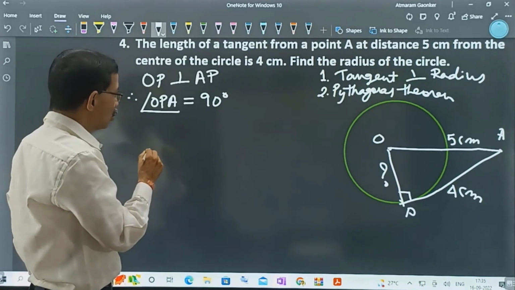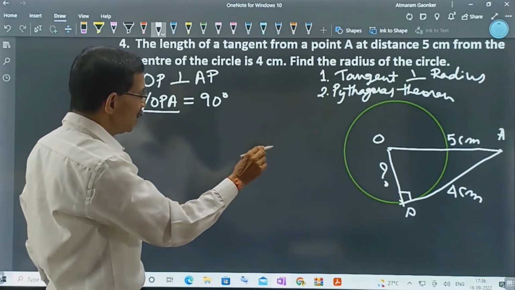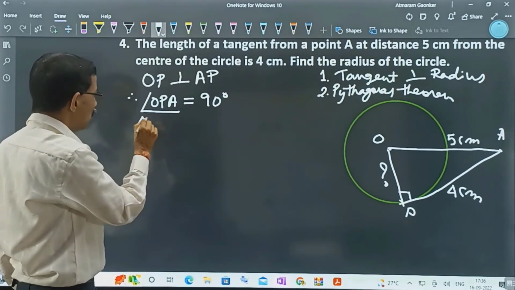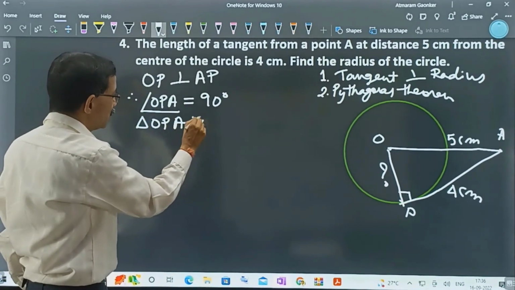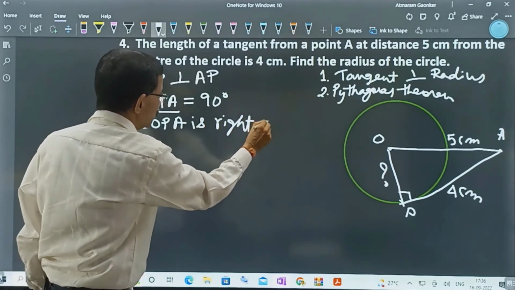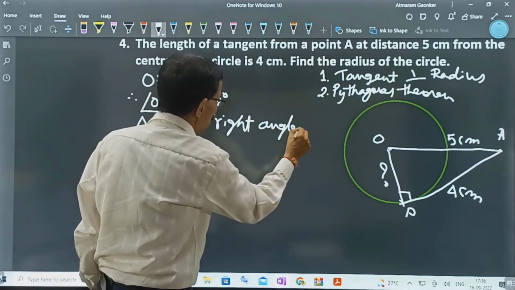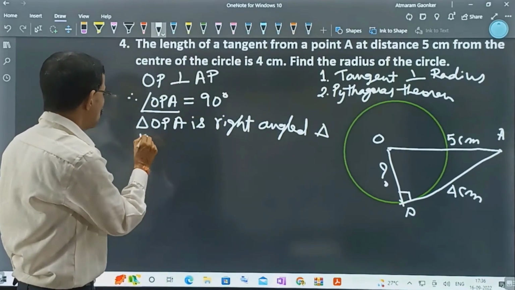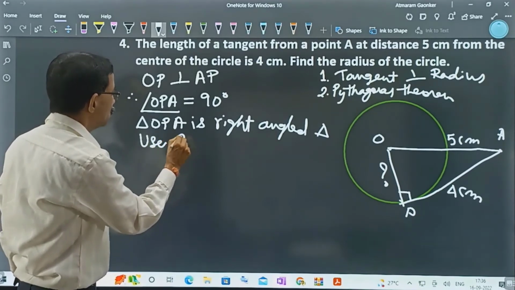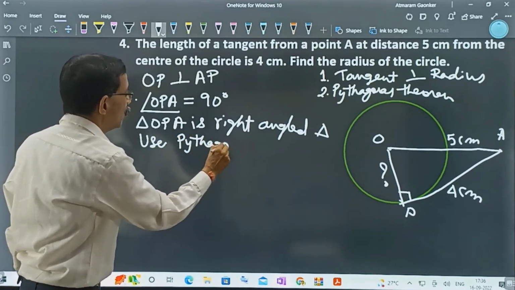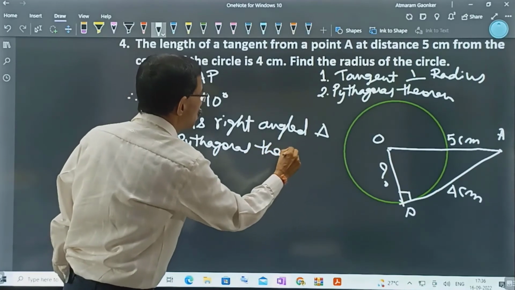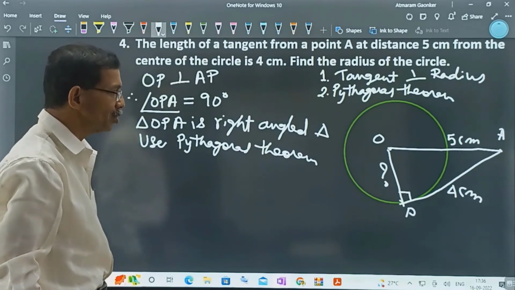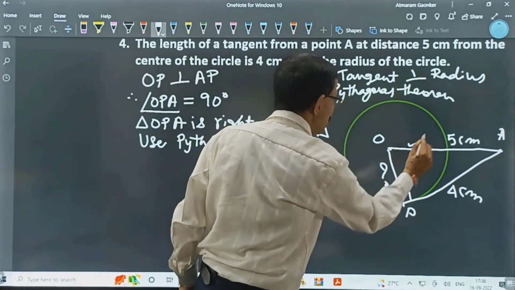So once we wrote this, we can say that triangle OPA is a right angle triangle. So with the right angle we will use Pythagoras theorem. For that we will start with the hypotenuse, and the hypotenuse is this OA.